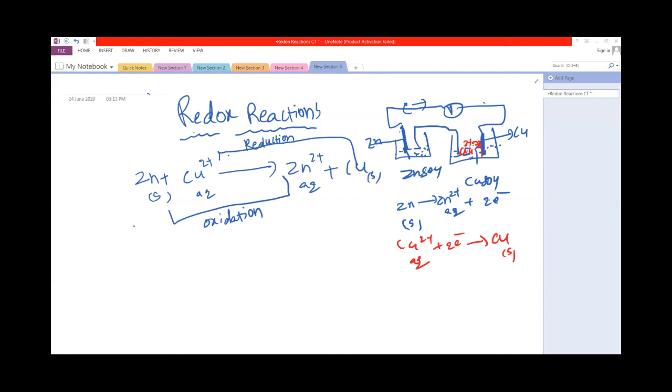Loss of electrons is oxidation, gain of electrons is reduction. Because of zinc losing electrons, Cu2+ undergoes reduction. That's why we call zinc the reducing agent. Please note it down. Because of Cu2+, zinc is oxidized. That's why we call Cu2+ the oxidizing agent. Please note it down.